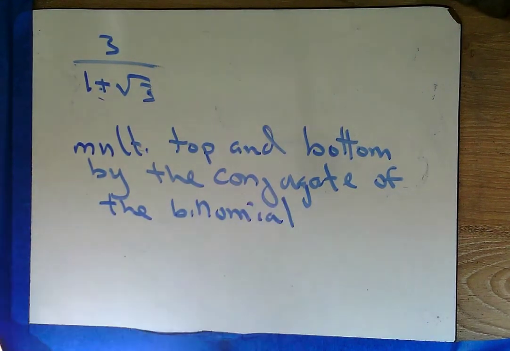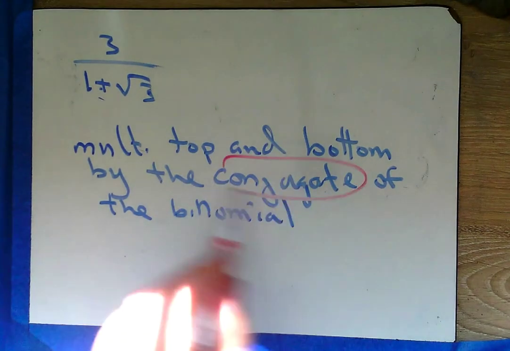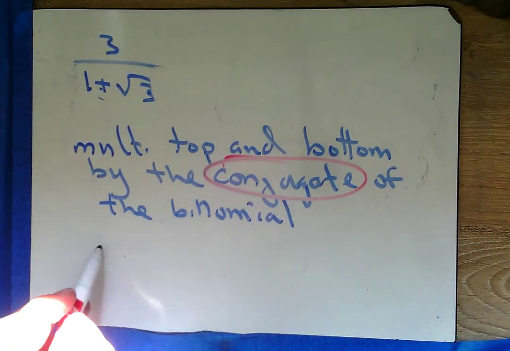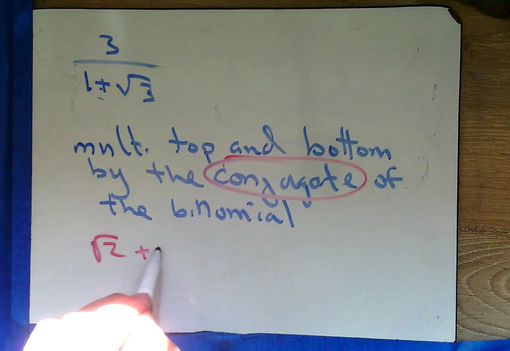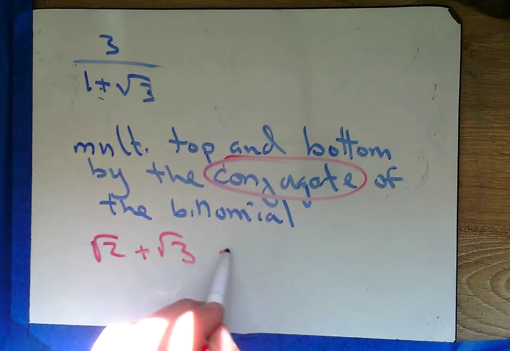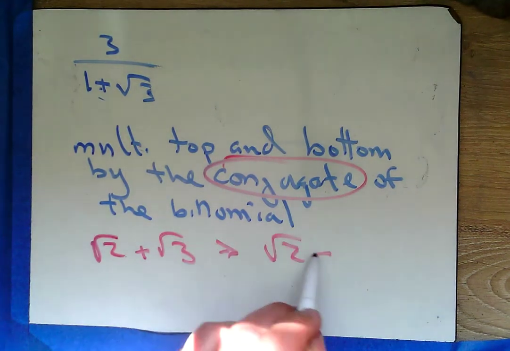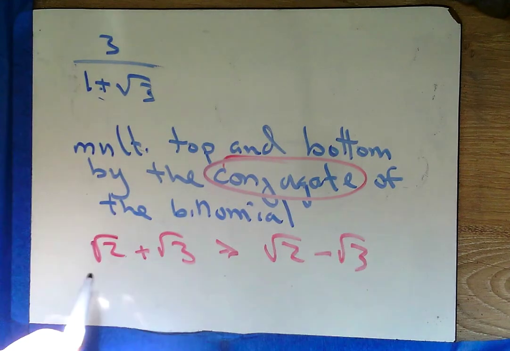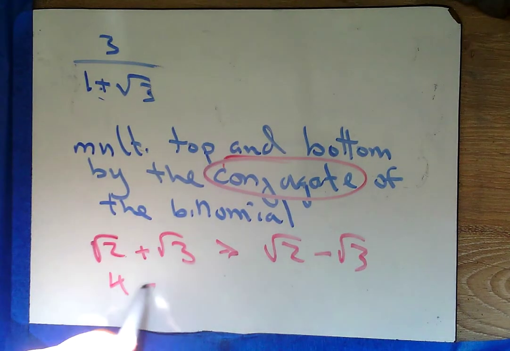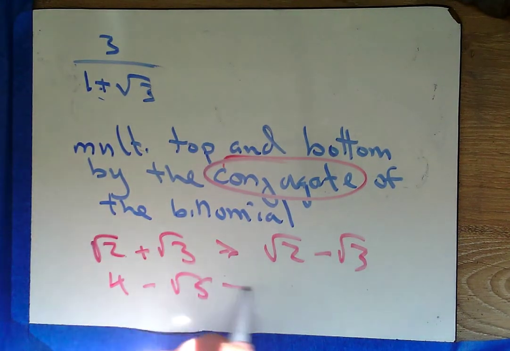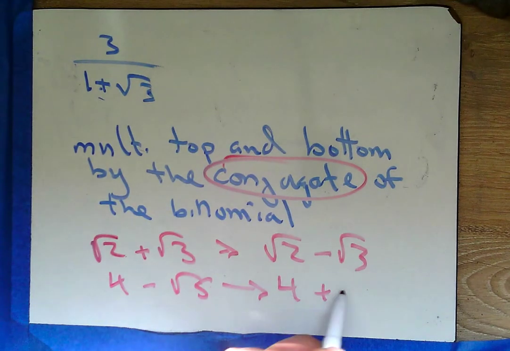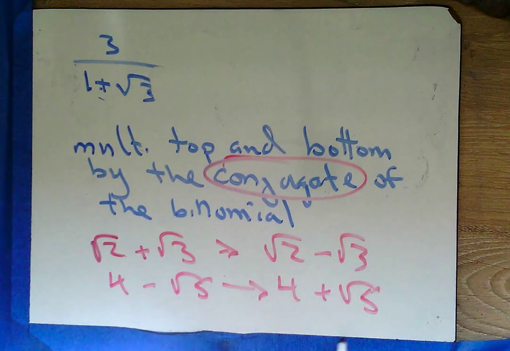Okay, so tell me about conjugate. Well, conjugate of root 2 plus root 3 is root 2 minus root 3. The conjugate of 4 minus root 5 is 4 plus root 5. I'm not changing both signs, I'm just changing the interior sign.